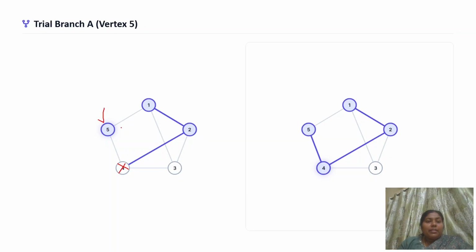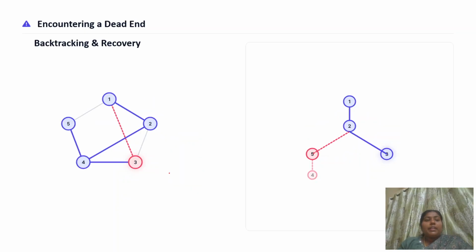From here we can go to 1, but if I go to 1, one more vertex is left unvisited. See here, 1, 2, 4, 5, then to 1. This is a cycle, but one vertex is not visited, so this is not a Hamiltonian cycle.